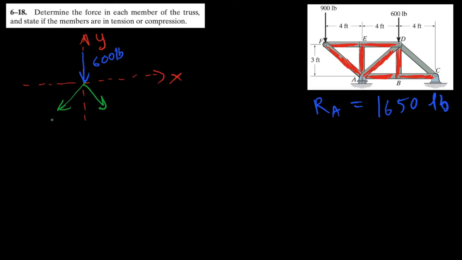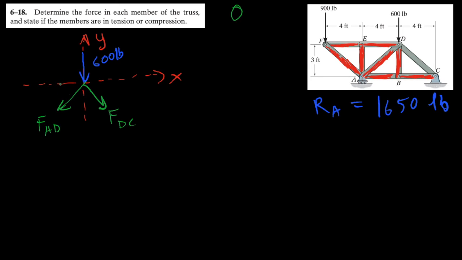So we have the force coming from component AD and the force coming from component DC. We are not including the components ED and also component DB in our free body diagram because we previously established that the force in truss components ED and DB is equal to 0 pounds. So that is why we are not including it in our diagram.